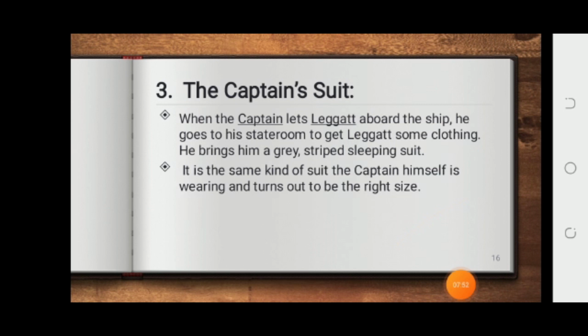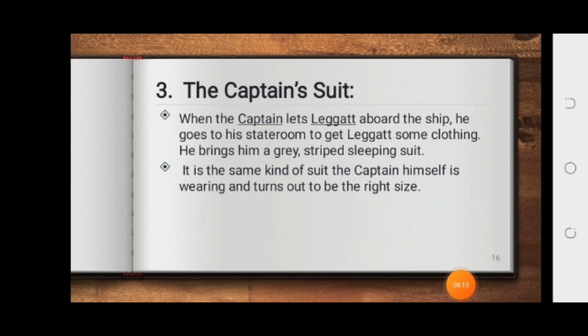So the third symbol which is used in this story is the captain's suit. When the captain lets Leggett aboard the ship, he goes to his stateroom to get Leggett some clothing. He brings him a gray striped sleeping suit.